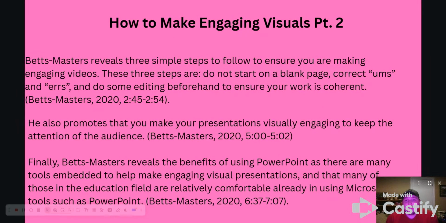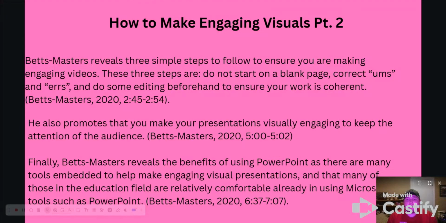He also goes into 3 simple steps to follow to ensure you're making engaging videos. These 3 steps are: do not start on a blank page, correct your ums and ers, and do some editing beforehand to ensure your work is coherent. He also promotes that you should make your presentations visually engaging to keep attention of the audience members.